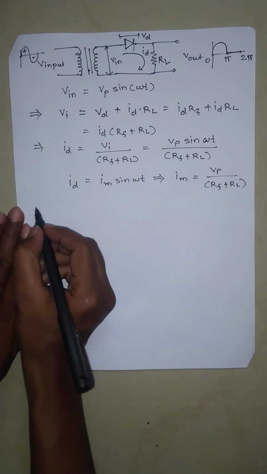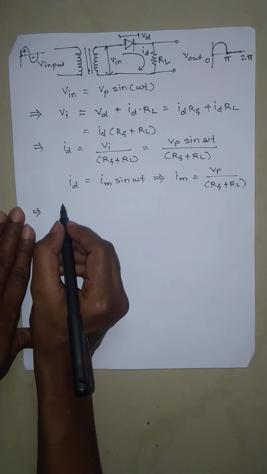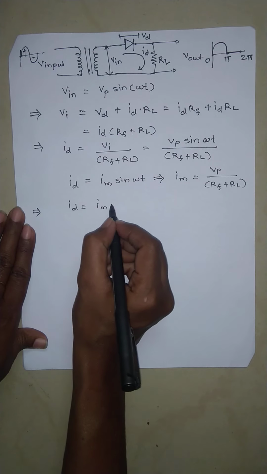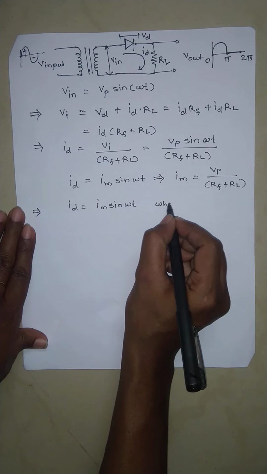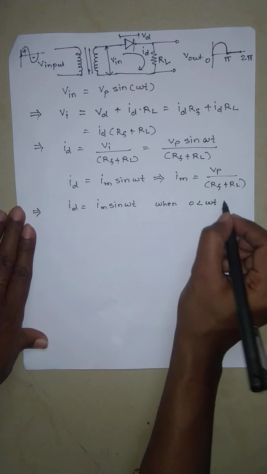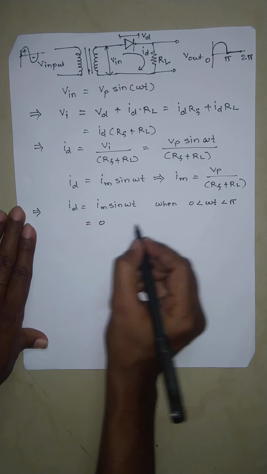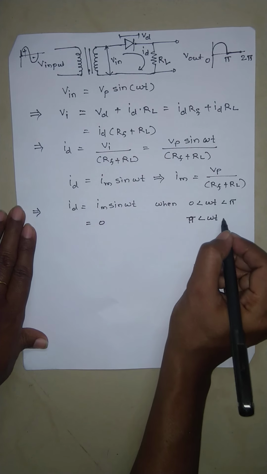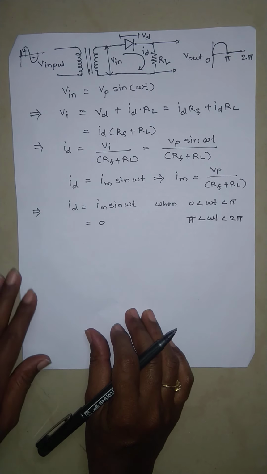That means we can say Id equals Im sine omega t when the phase is between 0 to pi, whereas the value of current is 0 when the phase is between pi to 2 pi. We can write it like this.